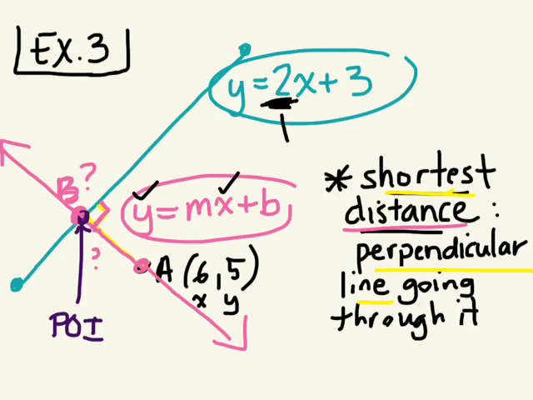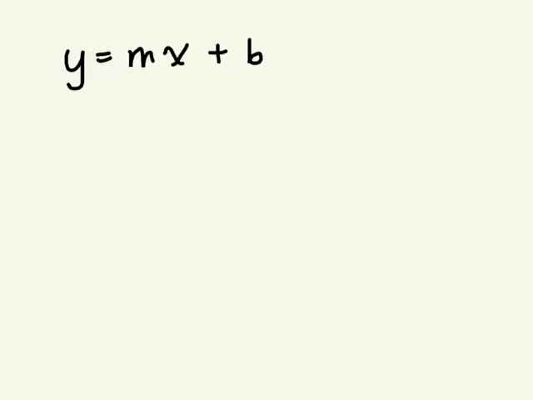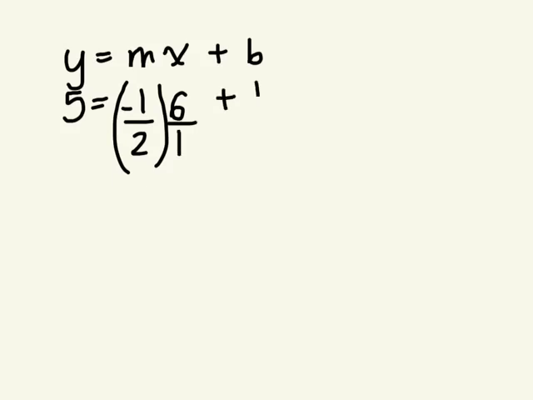They're perpendicular, so what's the slope of the pink line? -1/2. You mean negative reciprocal, right? So let's plug that all in and find b. So x and y was 6 and 5, and the slope we know has to be negative 1 over 2, multiplied by 6 over 1, and we're going to solve to find b.